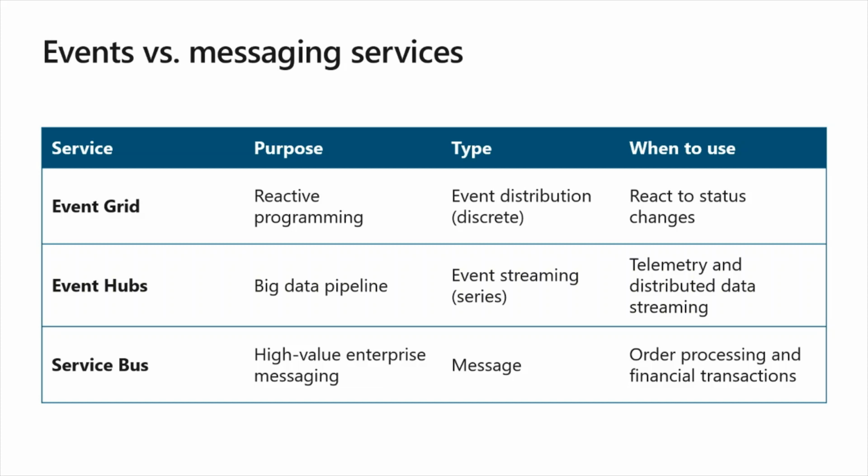Events can be discrete units or part of a series. Discrete events report state change and are actionable. To take the next step, the consumer only needs to know that something happened. The event data has information about what happened but doesn't have the data that triggered the event.